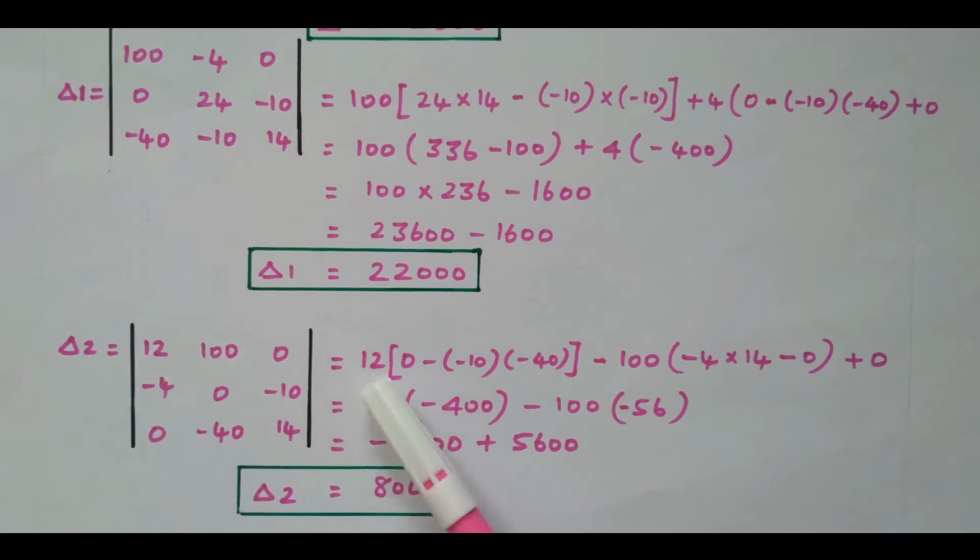So 12 into 0 into 14, that is 0, minus 10 into minus 40. Right? 12 into 0 minus of minus 10 into minus 40. Then here while taking the second element we need to put negative, minus 100 into minus 4 into 14 minus 10 into 0, so automatically 0.